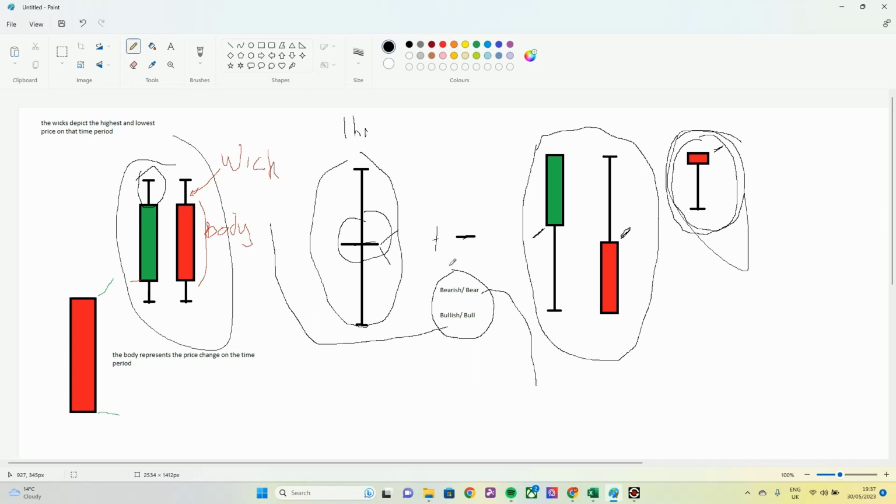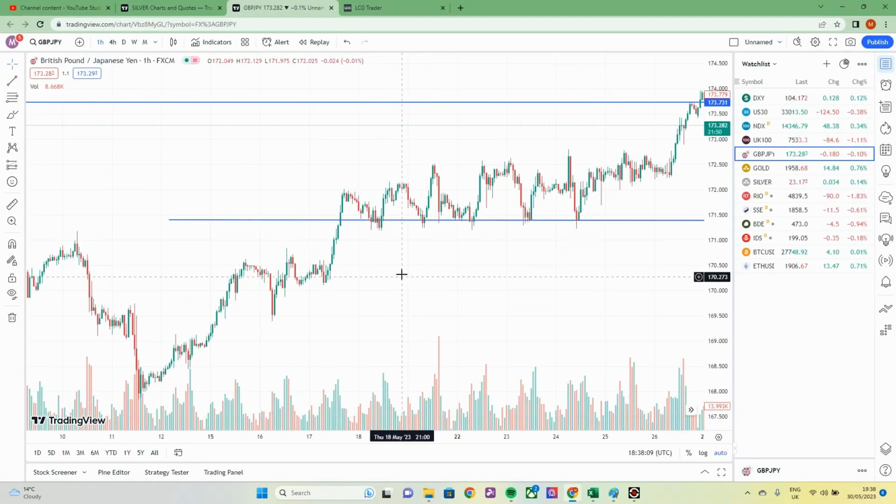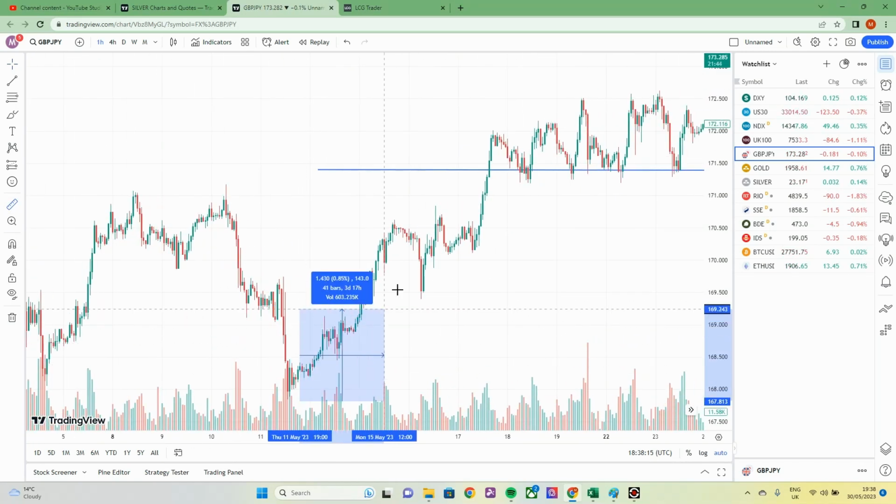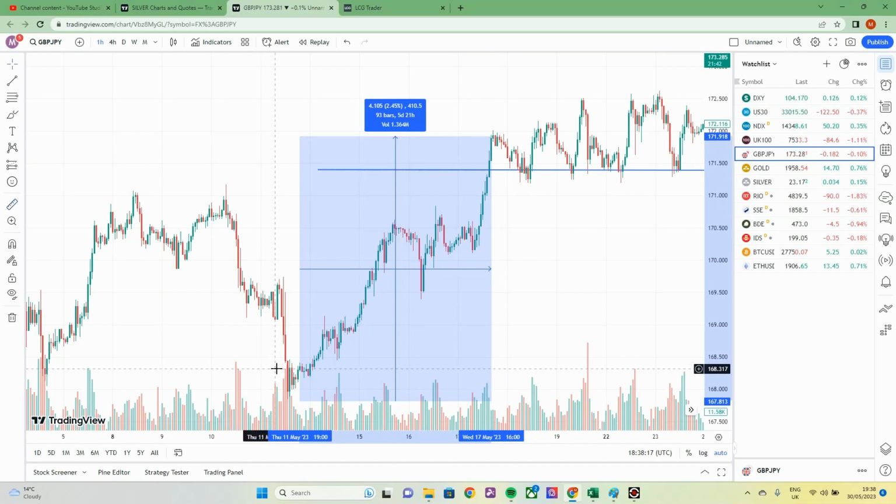So if you ever hear someone saying, "Oh, the markets are looking a bit bearish," it means that the markets are looking a bit poor, that it looks like they're going down. Or if someone says the markets are looking really bullish, then it means that the markets are going well. So if you look here, say from about here to here, then you would describe this phase of the market, or this trend, as being a bullish trend.